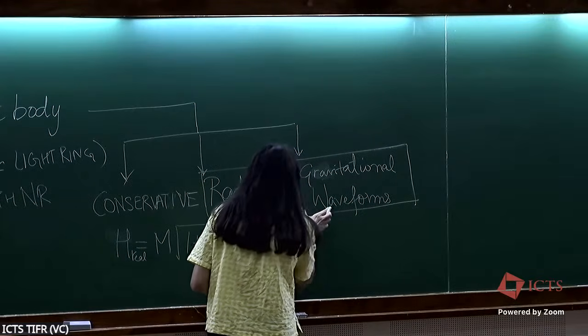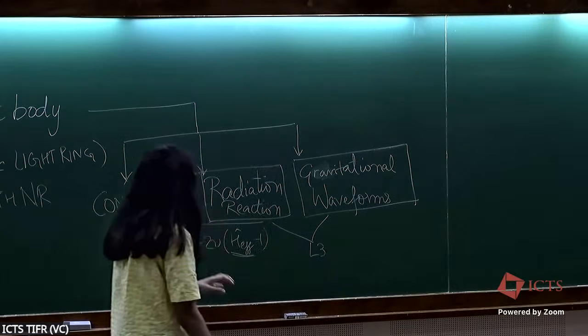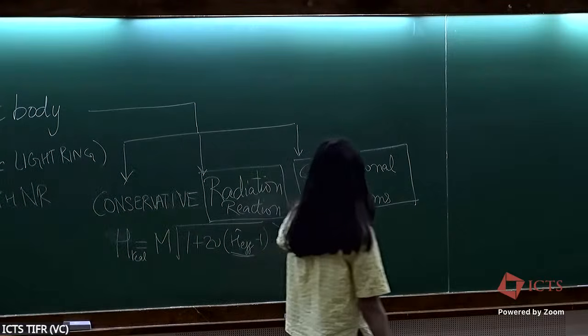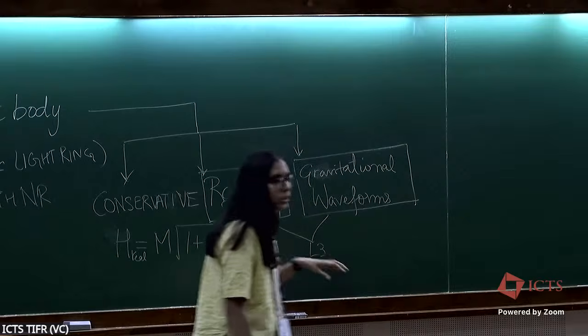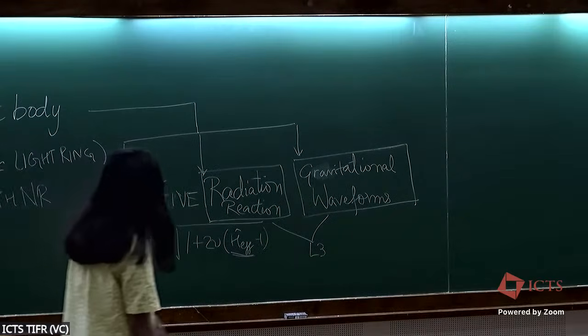So both these things would be the focus of today's lecture: how we incorporate the radiation reaction effects and how we attach the gravitational waveform to the effective one-body Hamiltonian.